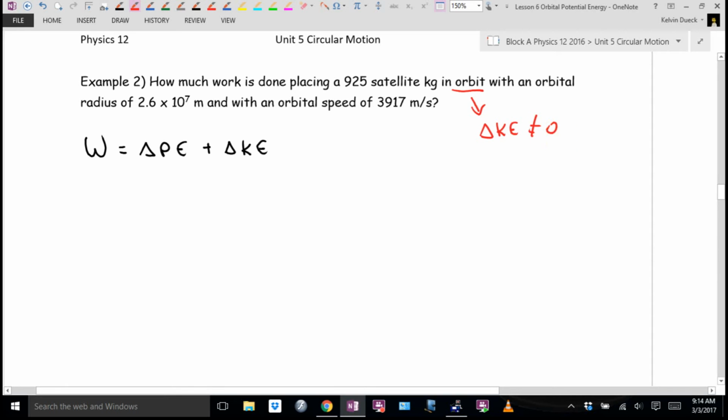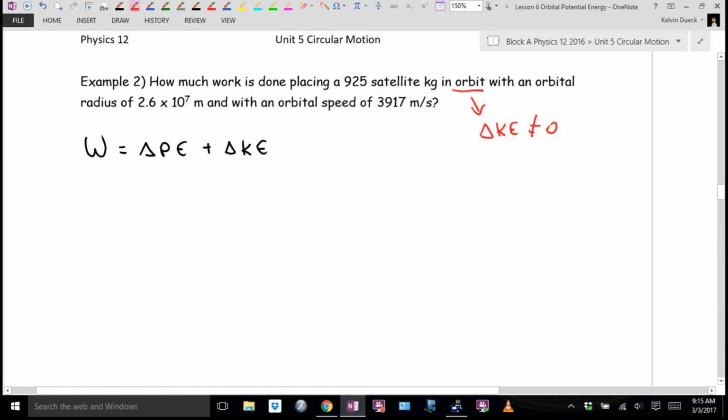You're going to need some kinetic energy too. This is complicated enough that I break these up. We're going to find the change in potential energy, get an answer, write it down to like 5 sig figs. We're going to find the change in kinetic energy, get an answer, write it down to like 5 sig figs, and then we'll add them together.